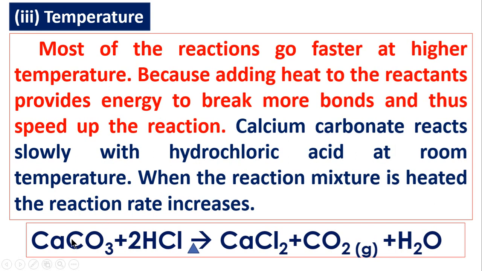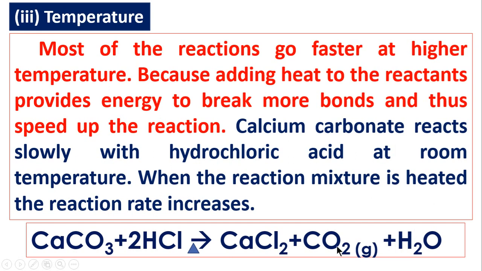This is because adding heat to the reactants provides energy to break more bonds and thus speeds up the reaction. For example, calcium carbonate, CaCO3, reacts with hydrochloric acid to form calcium chloride plus CO2 plus H2O.